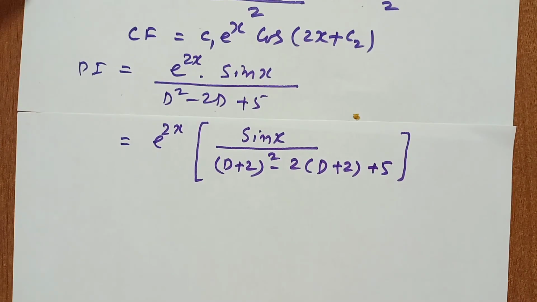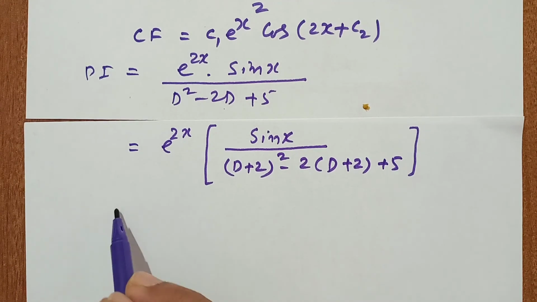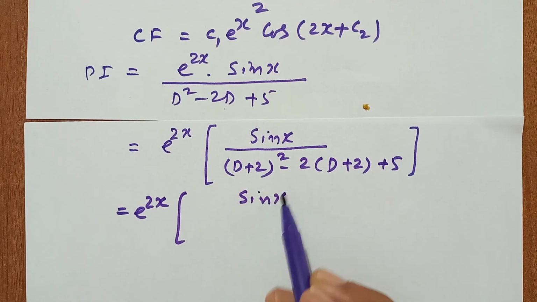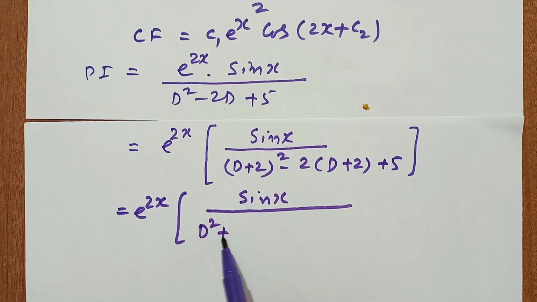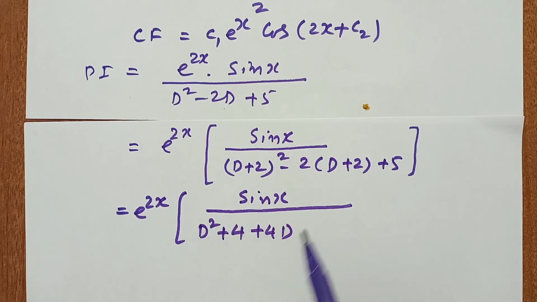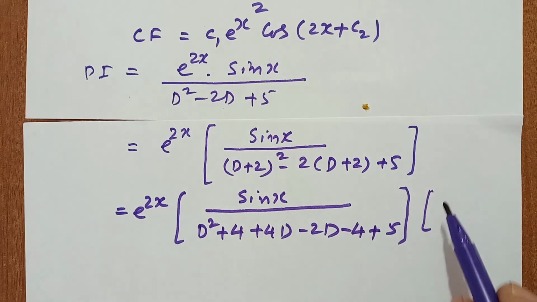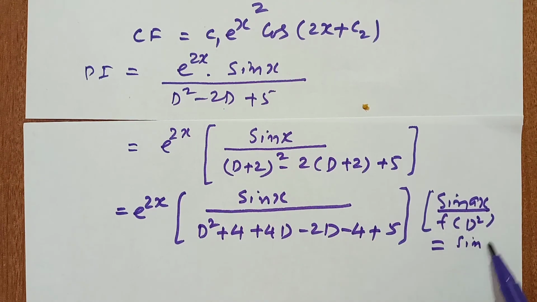Only e to the power 2x in multiplication. Okay. So this is equal to e to the power 2x. Now sin x upon (a plus b) squared. So D squared plus 4 plus 4D minus 2D minus 4 plus 5. Okay. Also we have, since sin ax upon f(D squared) equals sin ax upon f of minus a squared.